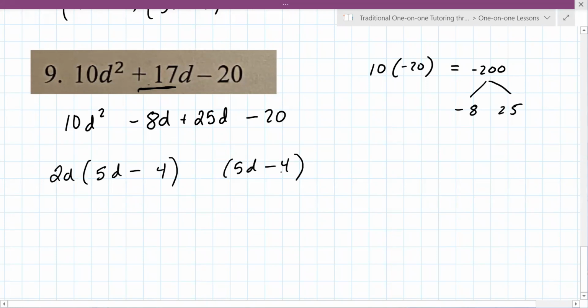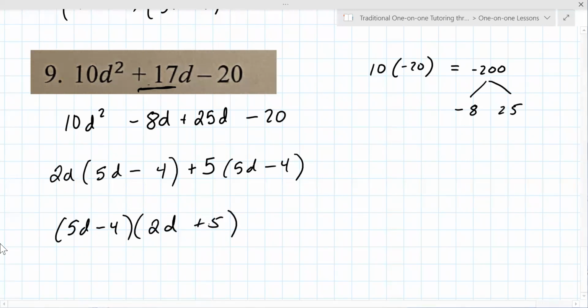Like what number times negative 4 gives you negative 20? Positive 5. Okay, because 5 times negative 4 gives you back negative 20. So then you just take what's in parentheses and the stuff that's not in parentheses, and you match them together.